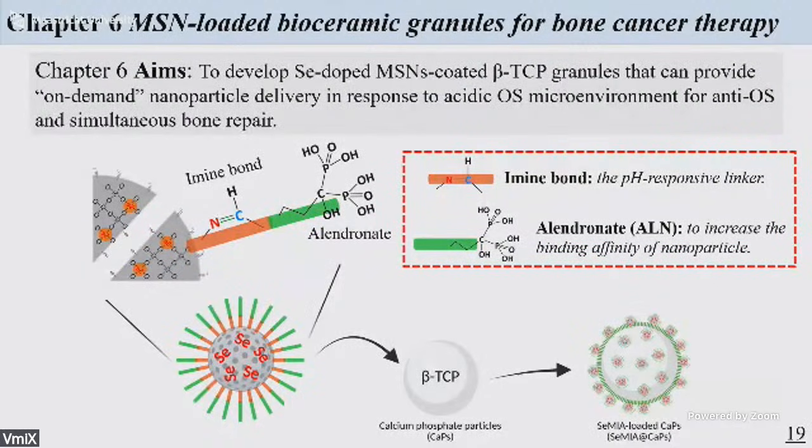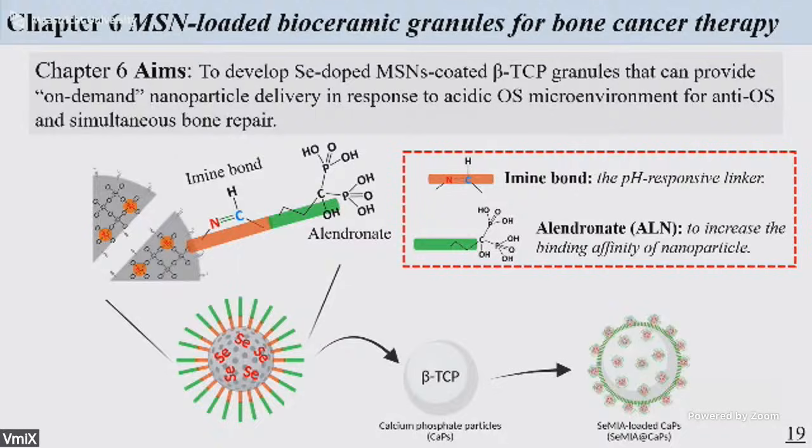So overall, this study was aiming to develop selenium-doped MSN-coated beta-TCP granules that can provide on-demand nanoparticle release in response to acidic osteosarcoma microenvironments for anti-osteosarcoma action and sequentially for bone repair.